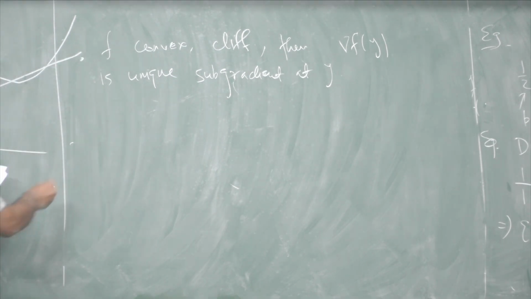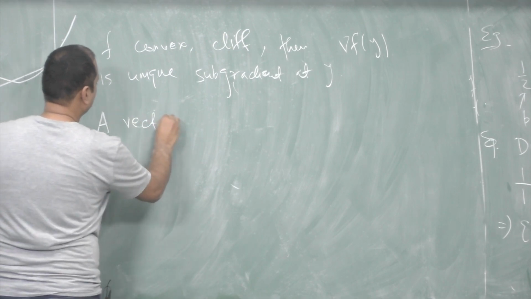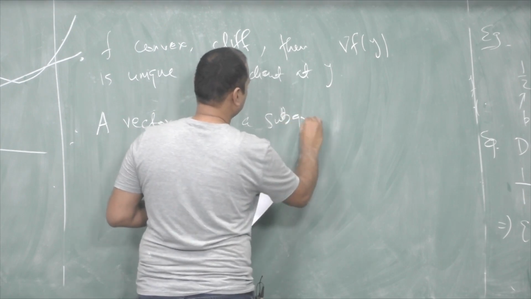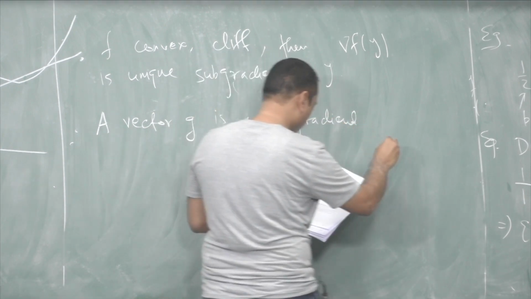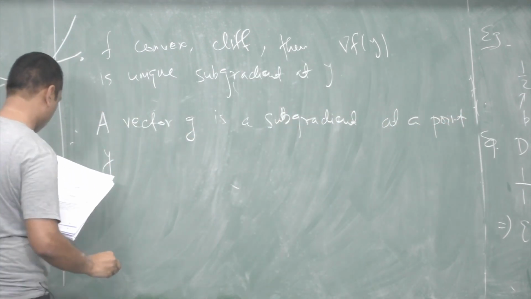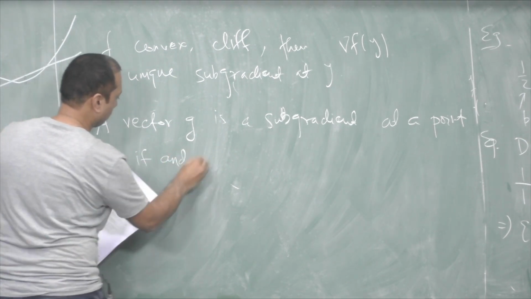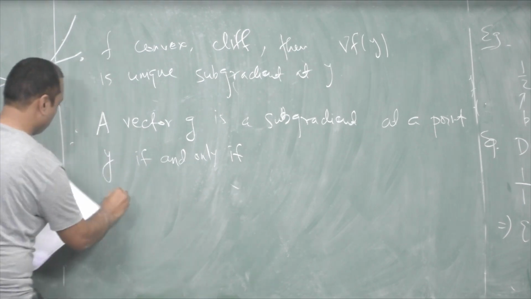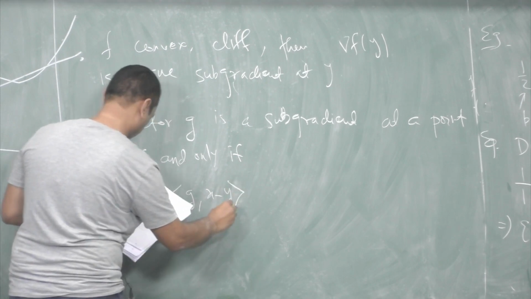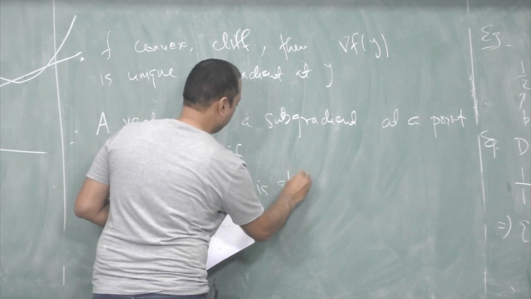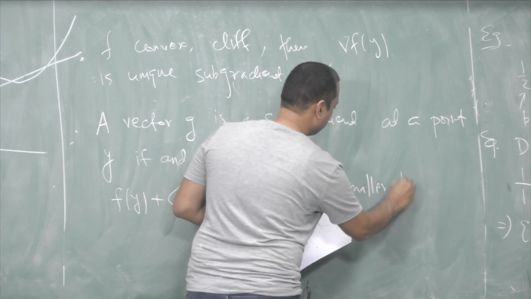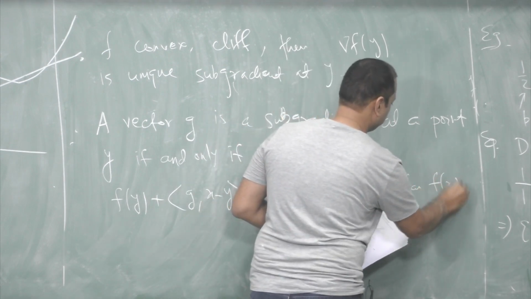So a vector g is a subgradient of f at a point y if and only if f(y) plus g times (x minus y) is globally smaller than f(x).